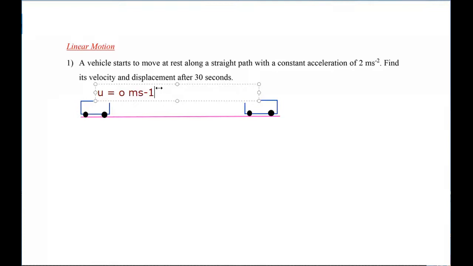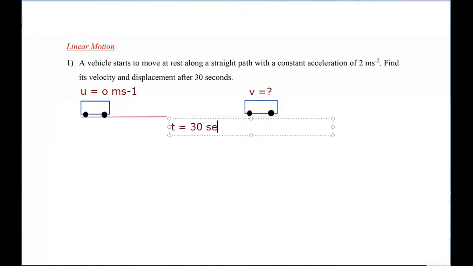Let me mark the final velocity with the letter V. Is it given? No, the final velocity is not given. And the time taken for the motion, let me use the letter T. They have given the time taken as 30 seconds. So those are the given data.